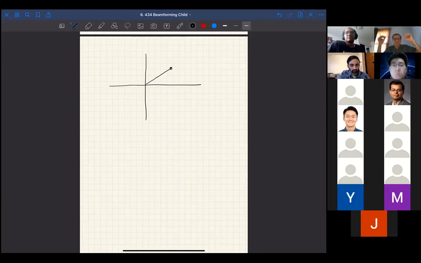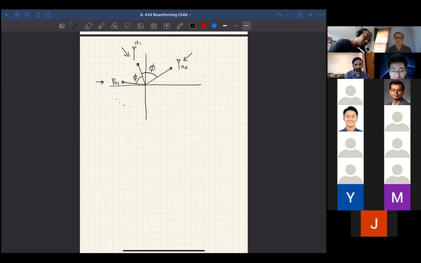Now the signal sample that arrives at the adjacent antenna is another stick where the phase difference between the two is really that phi. So this is what is coming to antenna A0. This is what is coming to antenna A1. This is what is coming to antenna A2, and so on. Does that make sense? Lucas? Yes, I'm following so far.